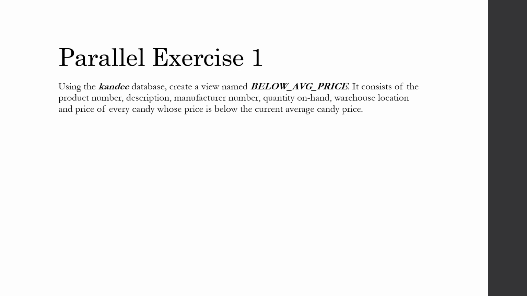Parallel Exercise 1. Using the Candy database, create a view named Below Average Price. It consists of the product number, description, manufacturer number, quantity on hand, warehouse location, and price of every candy whose price is below the current average candy price.